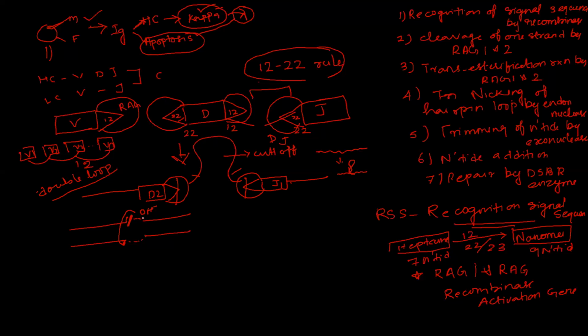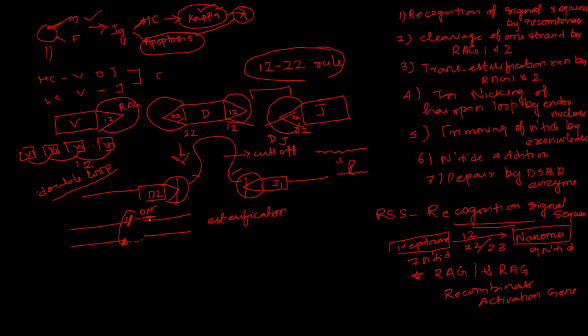So this RAG makes a nick in one of the DNA strands, then it releases the hydroxyl OH group that makes a cut in the second strand of the DNA. Now, once it makes a cut, esterification occurs, and the opposite strand is cut. Okay, this is what happens.